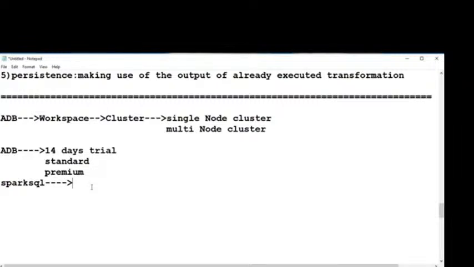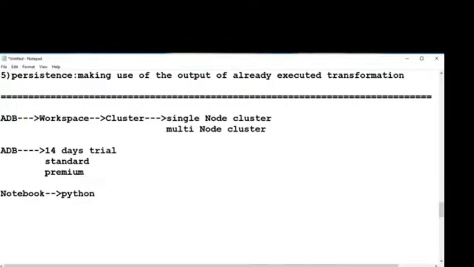So we will see how to create the workspace, the Databricks workspace, how to create the cluster, and within the cluster we are going to have notebooks, right? A notebook by default uses the Python language.